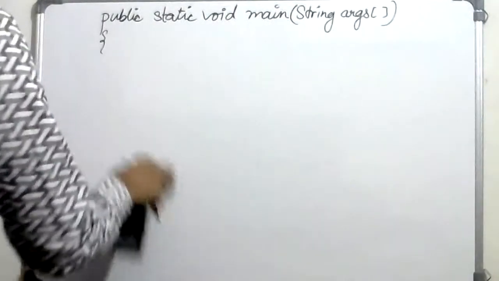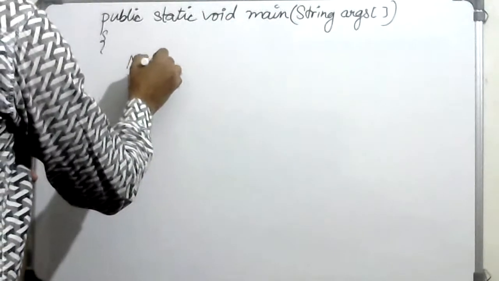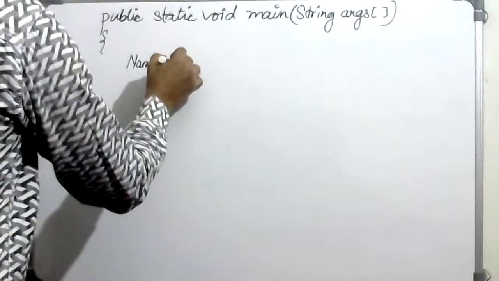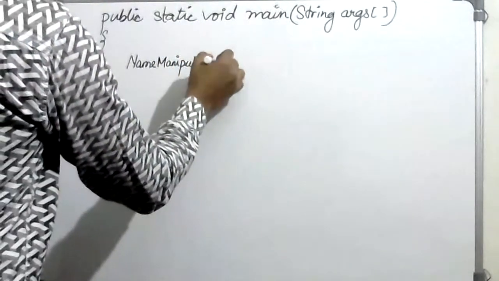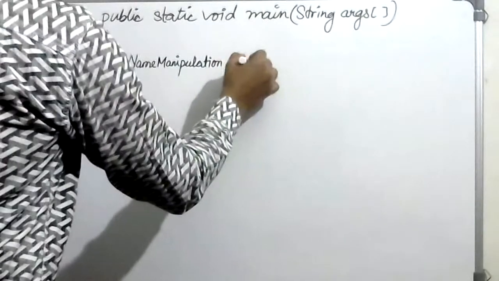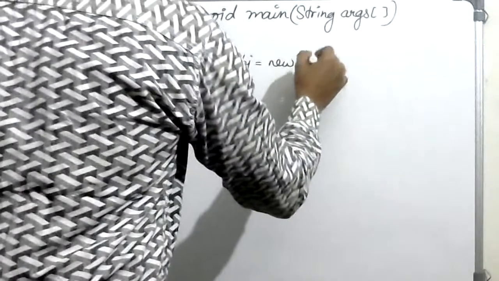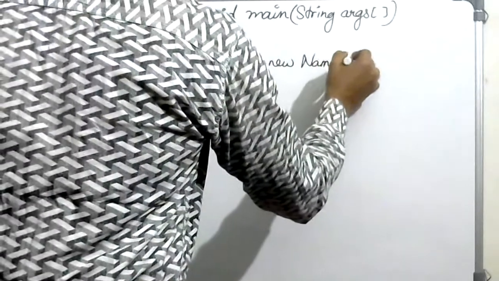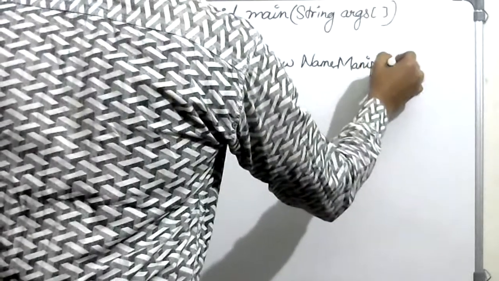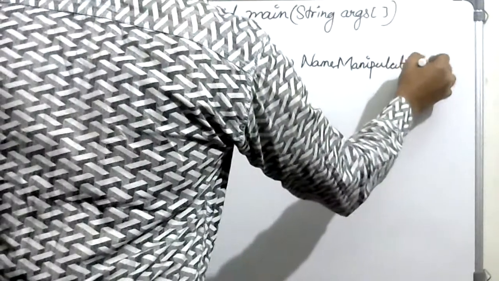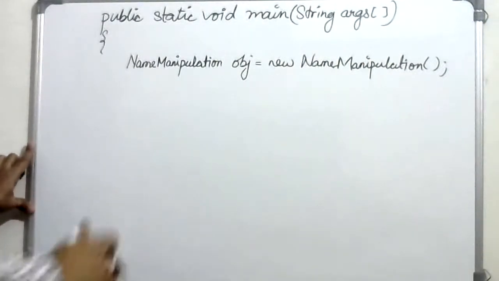The class was called NameManipulation. Let's call the object obj. I'm calling the constructor, which is the default constructor. So that's our object defined.